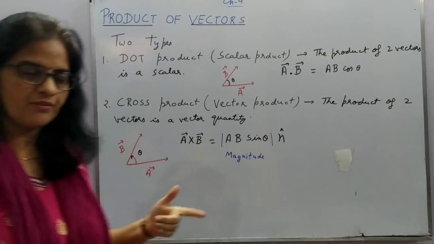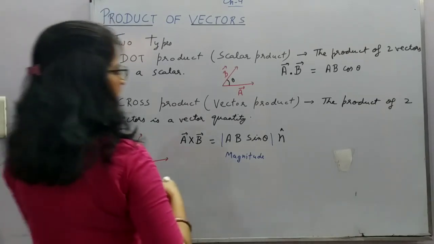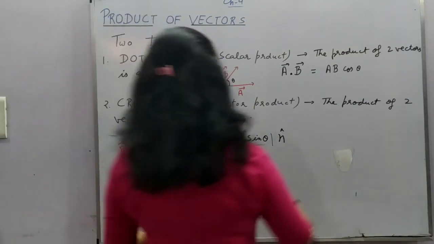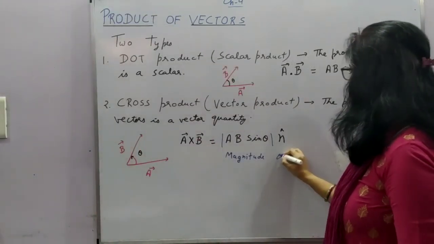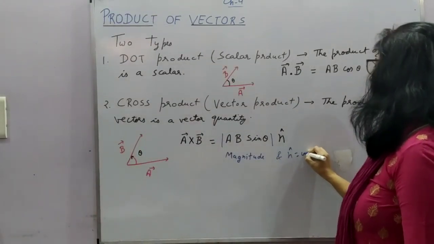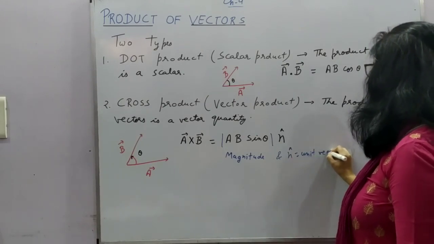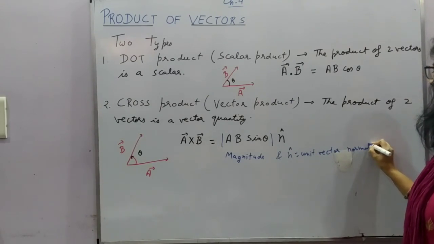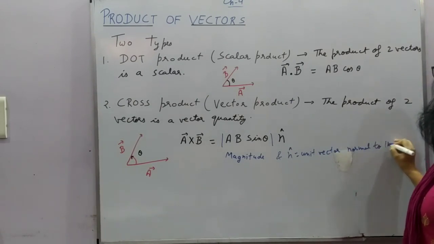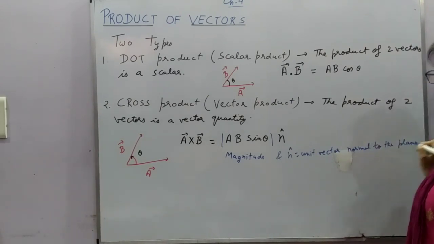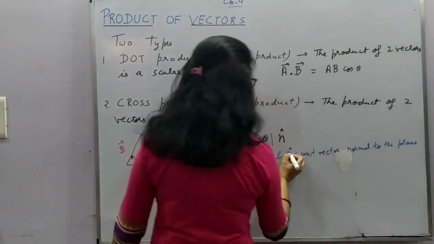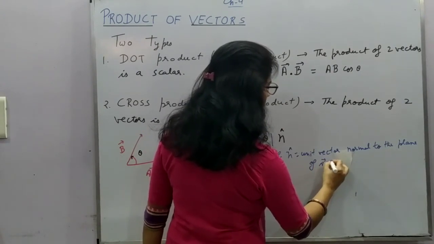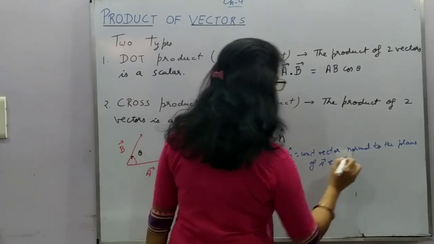In other words, I can say that n cap is a unit vector normal to the plane of A vector and B vector, right?